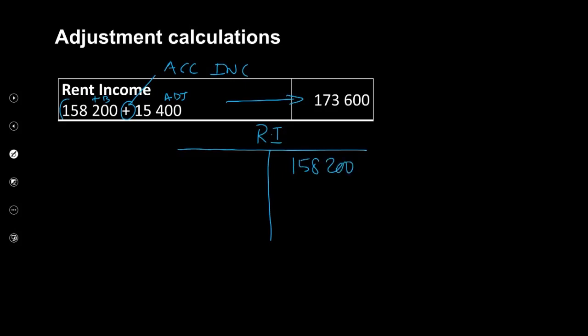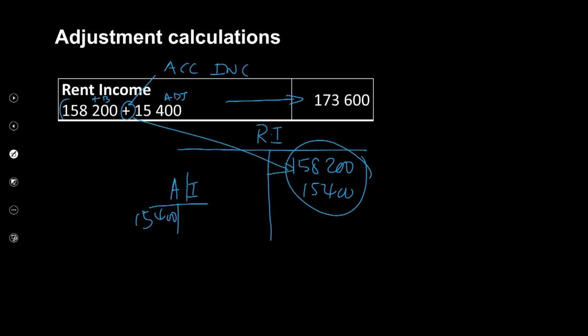Double entry, debit accrued income. There's my accrued income. Debit it with 15,400 because it's a temporary asset. A credit to rent income of 15,400. Here you can see the fact that it's on the same side means you've got to add that. Clearly indicates to you that your new figure is 173,600, and that's the figure that will appear in my statement of comprehensive income.